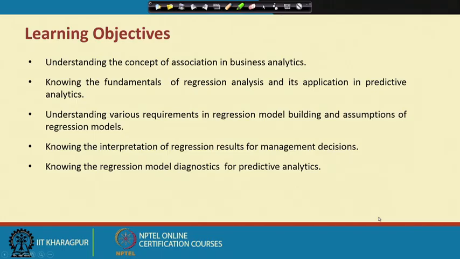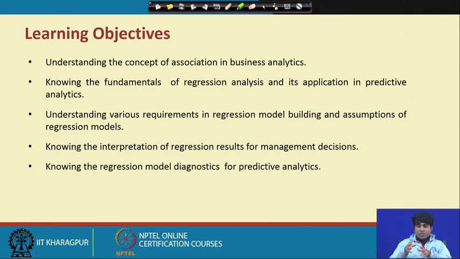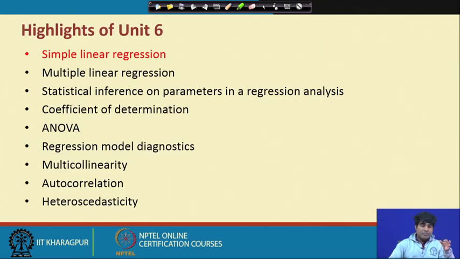The objective of this unit is like this: understanding the concept of association in business analytics, knowing the fundamentals of regression analysis and its application in predictive analytics, then understanding various requirements in regression model building and assumptions of regression models, knowing the interpretation of regression results for management decisions, and knowing the regression model diagnostics for predictive analytics. So, these are the broad objectives for this unit.